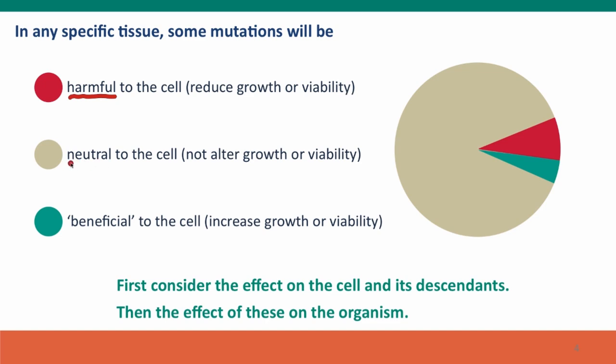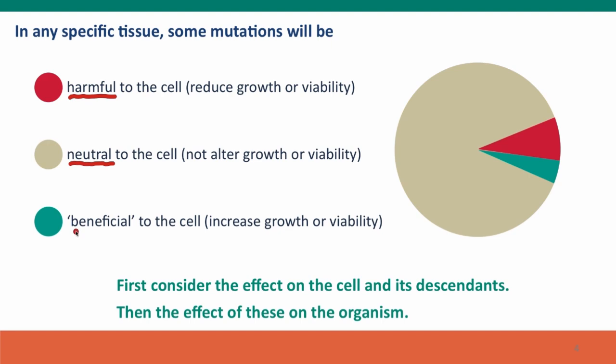Other mutations, probably the bulk of mutations, as we described in earlier lectures in this module, are in parts of the genome that don't make any functional contribution to the cell, so most mutations are going to be neutral. They're not going to alter the cell's growth or its viability. It'll be just like all the other cells phenotypically.